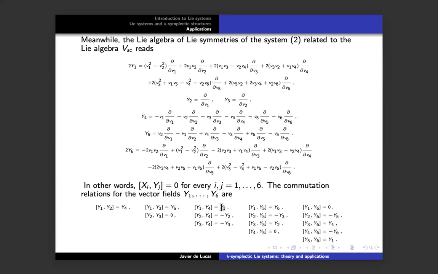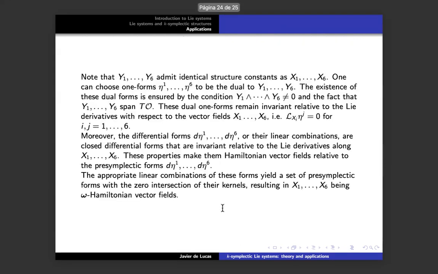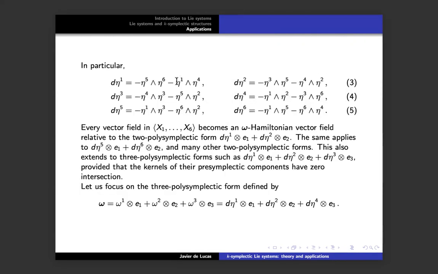When you have this, you have that the first and the fourth vector fields, when you work out the Lie bracket, give you y1. So in here you add a term with eta 1, eta 4 with a minus, because you have to add a minus to the number you obtain. Now you still have eta 5, eta 6.